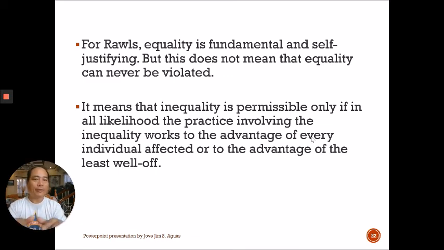But we're going to give the free ride to the frontliners because they are the most affected people. They're risking their lives. Therefore, we have to arrange the inequality in the sense that the least and the most affected benefit more from the inequality.